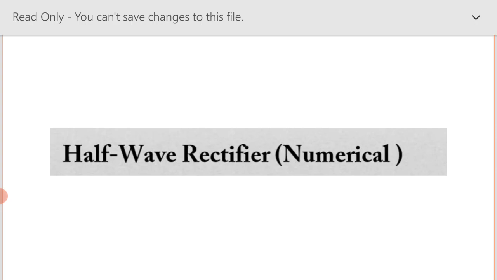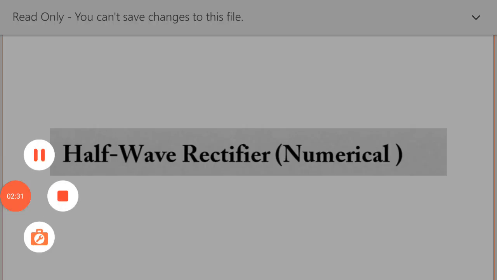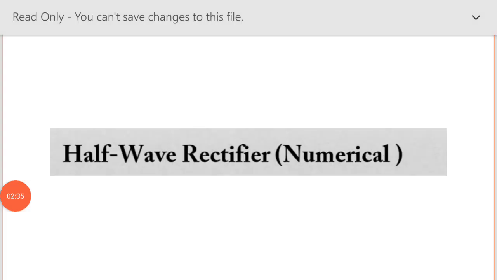So the output voltage for the half wave rectifier is obtained only at the positive half cycle. Now we see the half wave rectifier numerical.